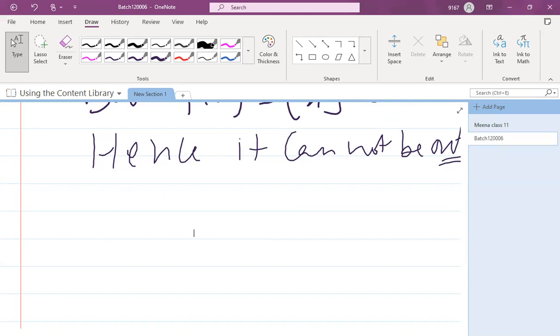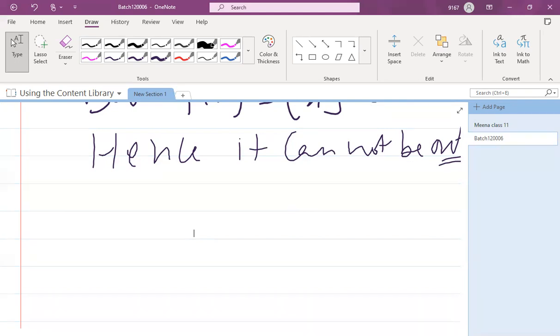Suppose x equals -2, the modulus value becomes 2, and if x equals 2, again it is 2. So it is a many-one function. It cannot be one-one. So question 4 you can do at home. Question 5 we have already discussed.